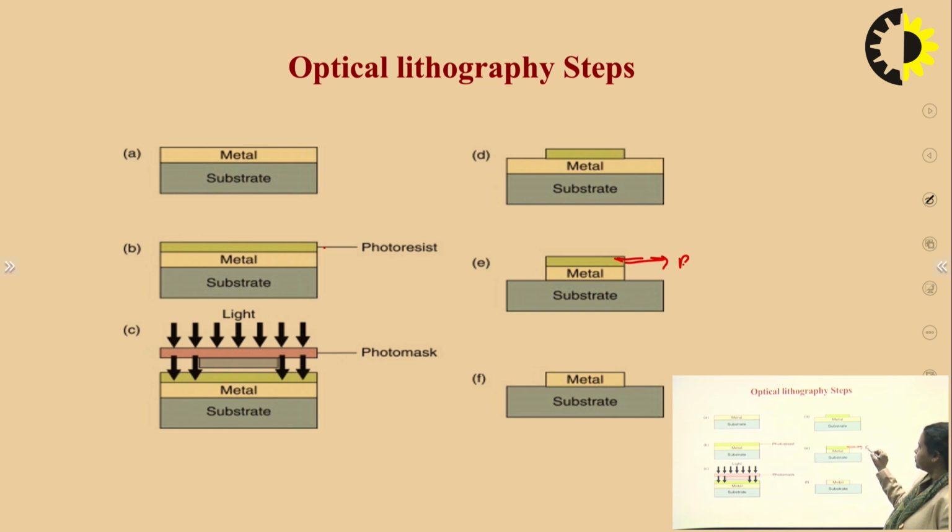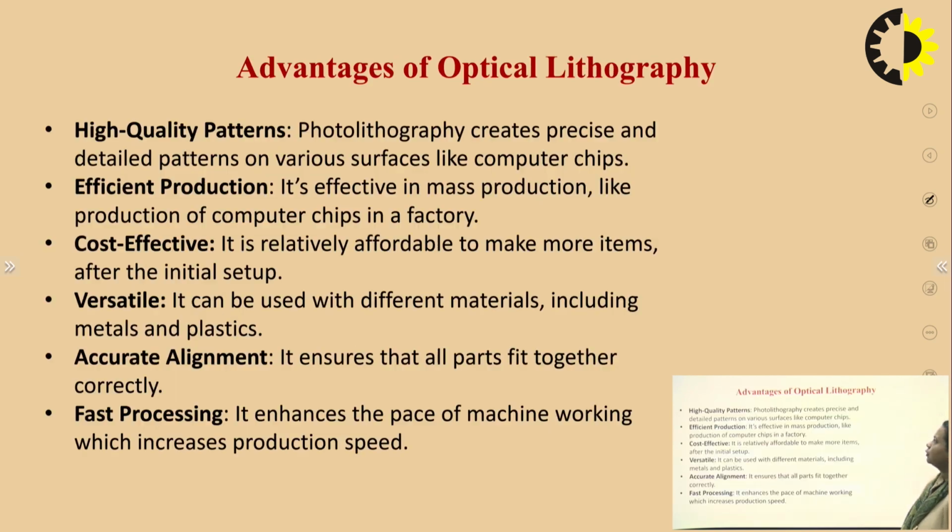This part has been etched out in this step. So in the last we are left with the desired substrate and the desired pattern, right? These are the different steps which we have done in optical lithography.